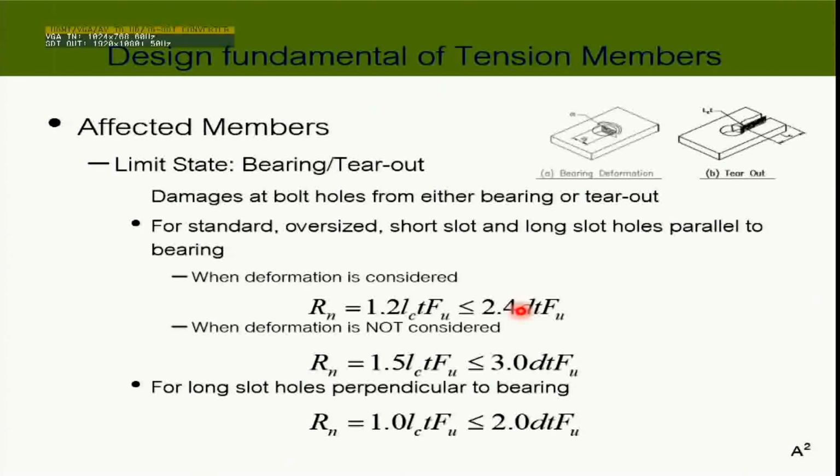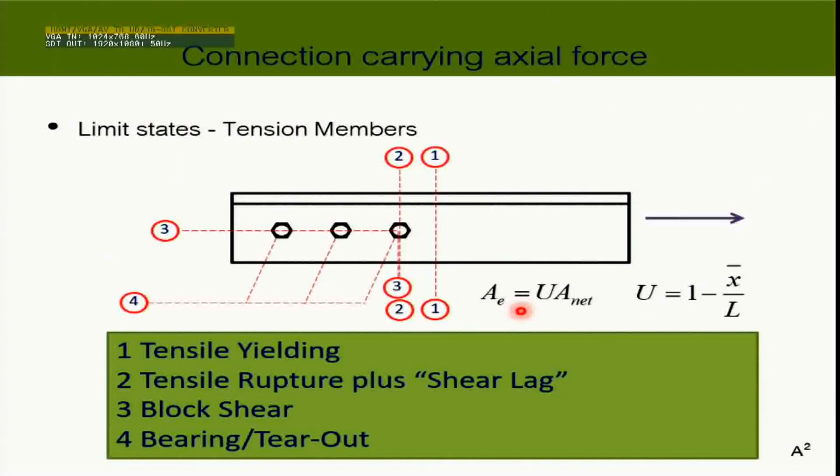So this slide will give you the summary of what we need to do when you have a tension member with holes. It can yield anywhere in the member, say cross section 1, and it can rupture, and rupture should always occur at the first line of the holes, right? It's not going to occur at the second line or the third line.